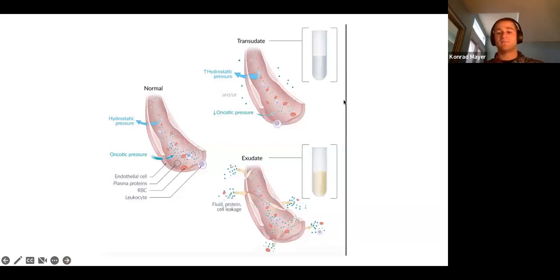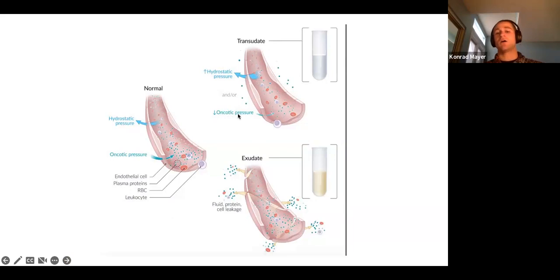So the idea and what it means: transudate, exudate. Transudate means it just goes across. The water or the liquid, the lymph, just goes across because of increased hydrostatic pressure or because of a decreased oncotic pressure.